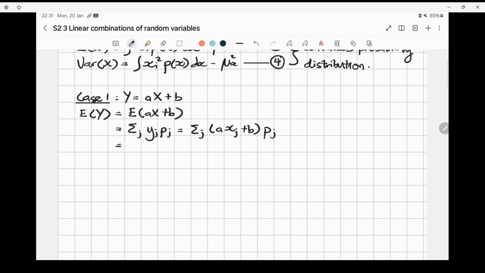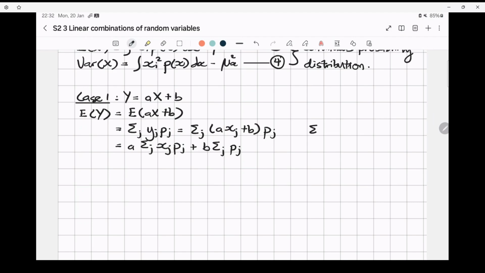Then you expand it. When you have a constant multiplied by the variable x_j, you can move the a outside and sum x_j p_j, and then you have plus b times the sum of p_j.